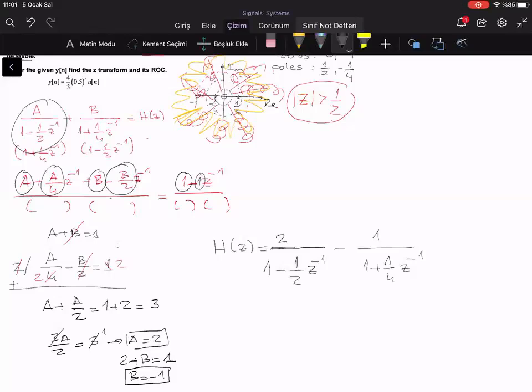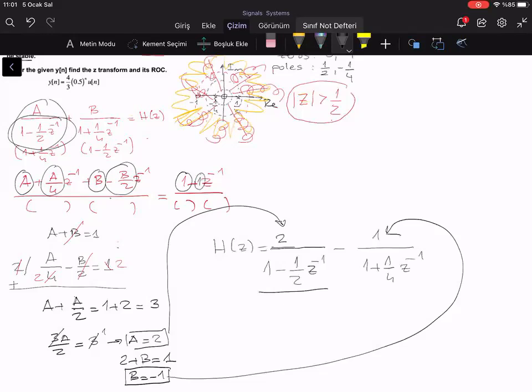Is this part correct, arkadaşlar? I put A here and this part as it is, and B here and this part as it is.